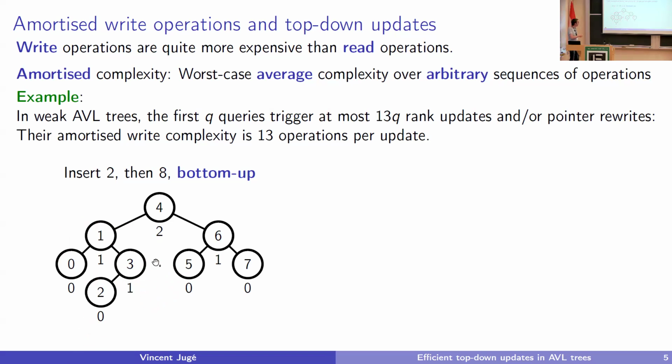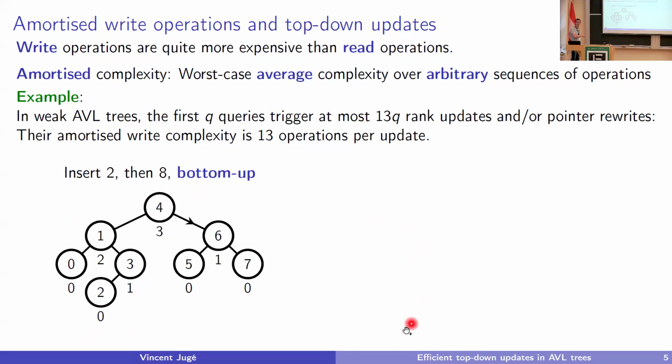So now you make it correct, and then you continue. Now you realize that the height of 1 is incorrect, so you make it correct, and then you see that the height of 4 is incorrect, so you make it correct. So you had to go all the way down, and then your write operations were bottom-up from the leaf to the root, and now you can start inserting 8.